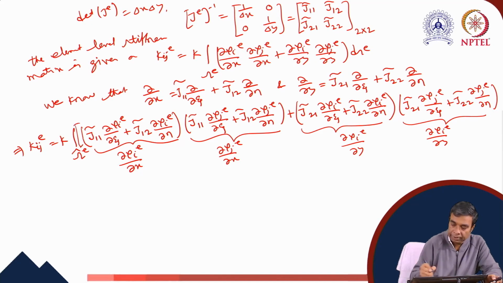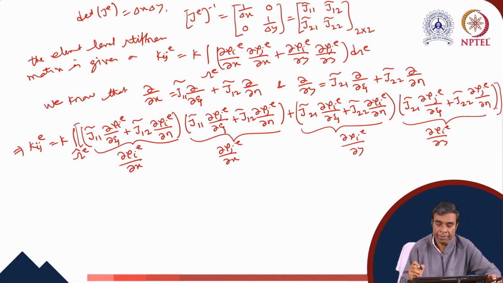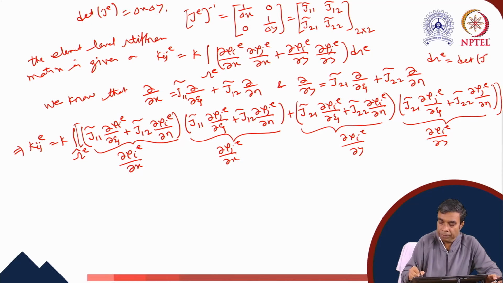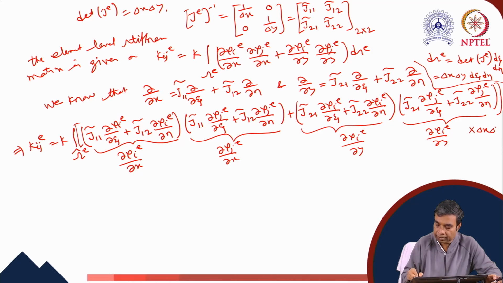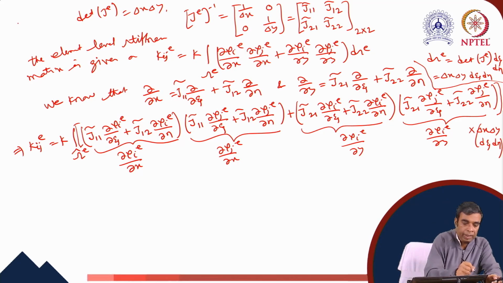So this represents the integrand. Now we are left with d omega e. So d omega e equals the determinant of the Jacobian matrix into d xi d eta. The determinant of the Jacobian matrix equals delta x delta y, so here we get delta x delta y d xi d eta. Now we can show the master element here.